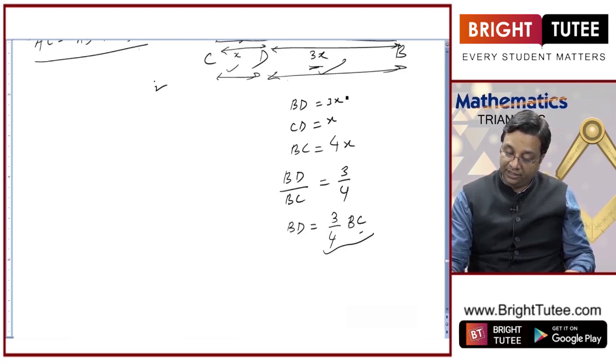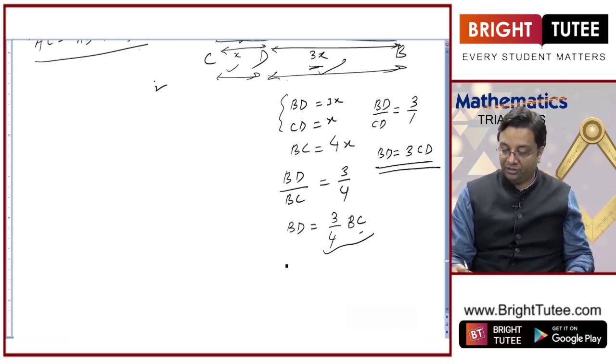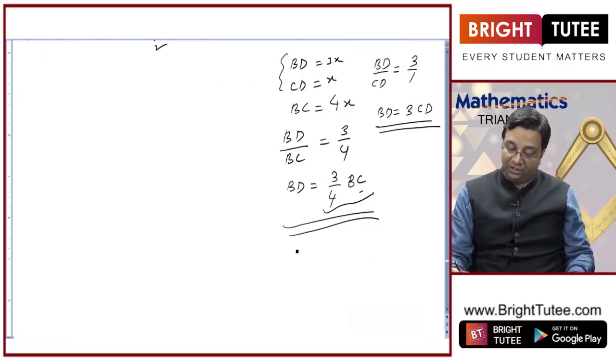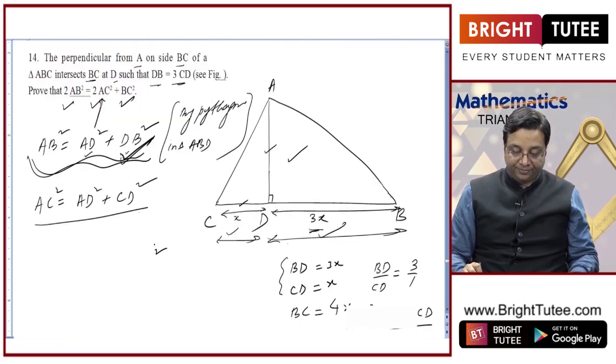And if I want a ratio between BD and CD, I can say BD by CD is equal to 3 by 1 or BD is equal to 3 CD, right. BD is equal to 3 CD can be used, and BD equal to 3 by 4 BC can be used. And what is the relation between CD and BC? CD is equal to BC by 4. So, BC can be replaced by 4 CD also. Okay. So, let us use this relation.